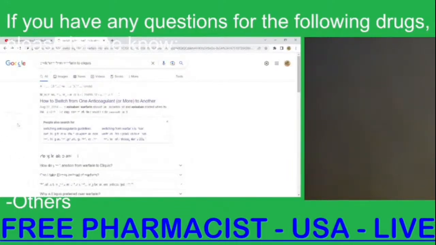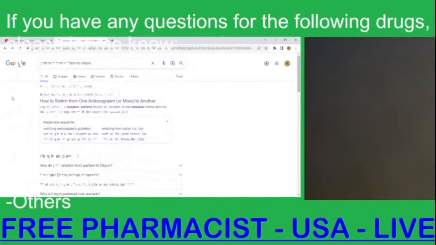So for Eliquis, we'll switch to the Eliquis when the INR is less than 2.